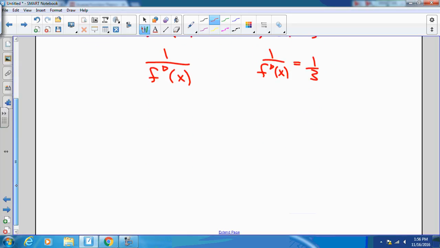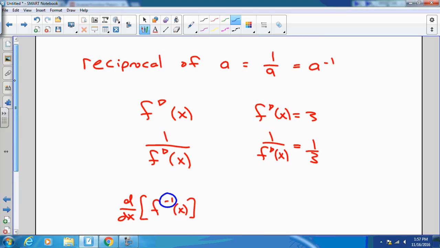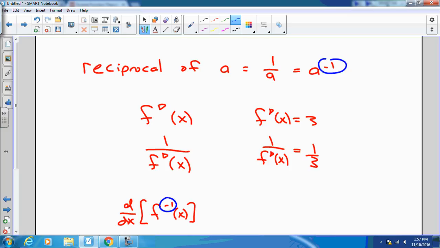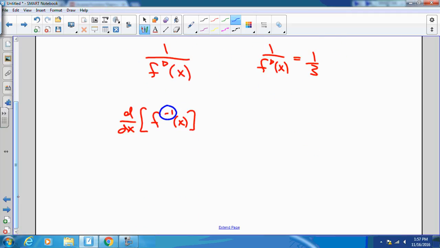Notice that there's 2 things going on in the inverse function theorem as I write it. And the first thing that we have to be careful about is that this guy right here is not an exponent. In this expression right here, a to the minus 1 for the reciprocal, this is an exponent. It means a to the minus 1 power. This is not an exponent.